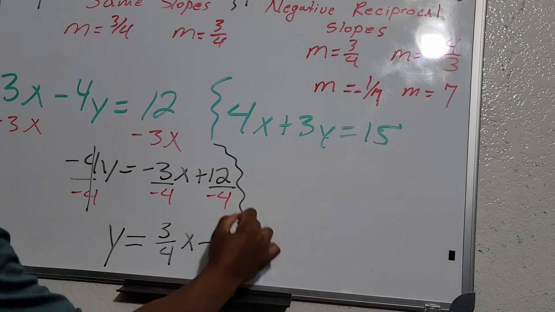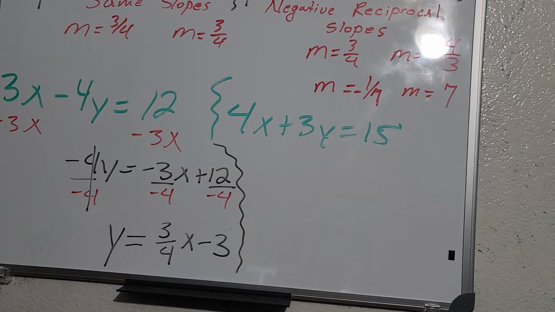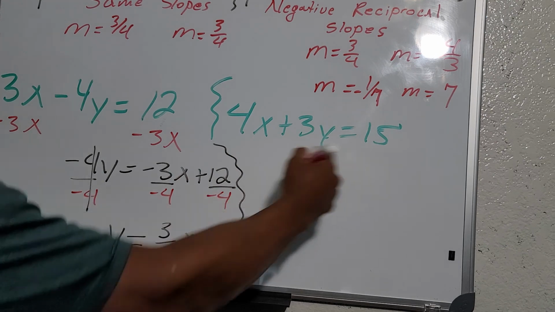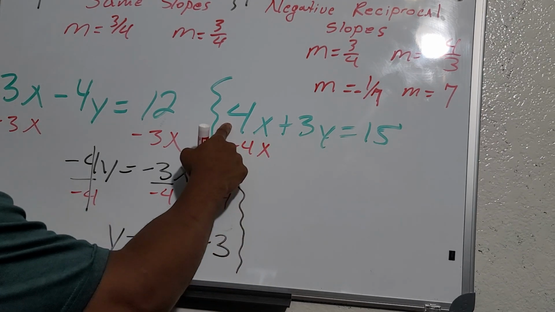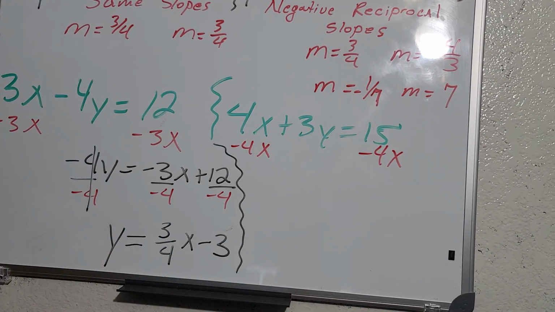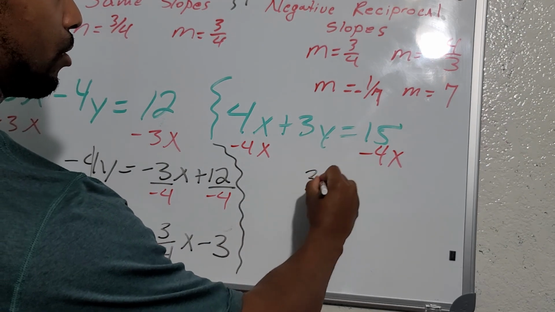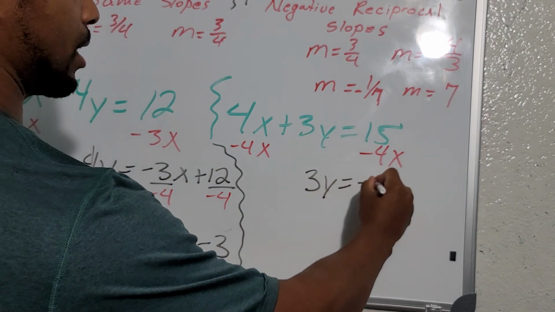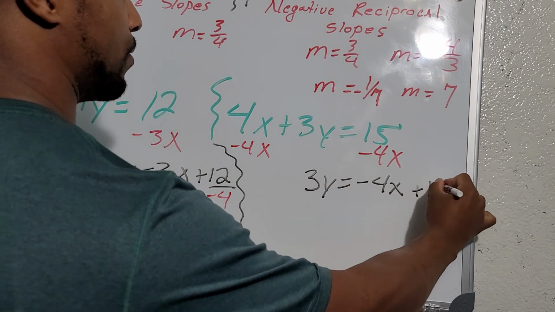And I want to do the same thing on this side to see if these two lines will be parallel, perpendicular, or neither. So to solve this for y, I would have to subtract 4x because this is a positive 4x. So I'm going to subtract 4x from both sides of my equal sign. In doing so, it will leave me with a 3y is equal to a negative 4x plus 15.